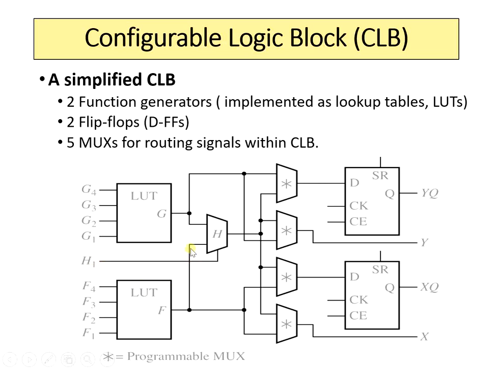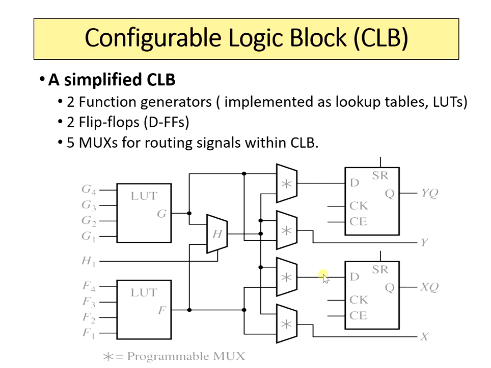The CLB has 2 combinational outputs, X and Y, and 2 flip-flops, XQ and YQ. The X and Y outputs and the flip-flop inputs are selected by programmable multiplexers.